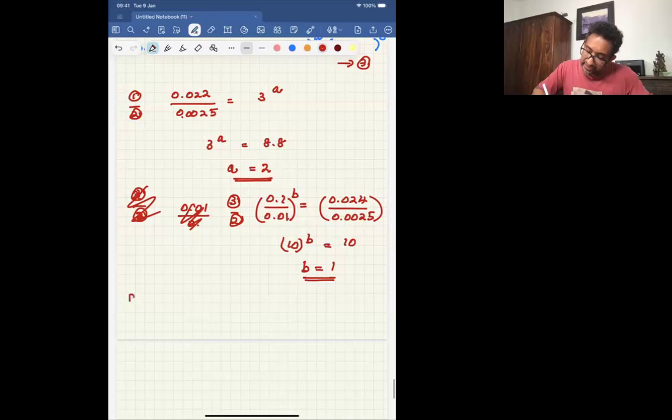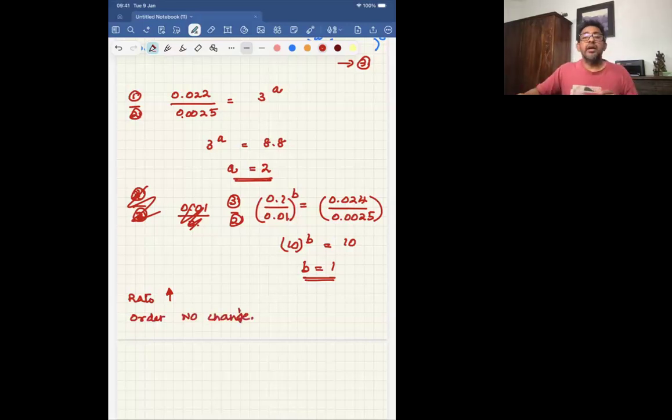Order of the reaction with respect to each species: no change in the mechanism means the order doesn't change. Clear? Did you understand that?